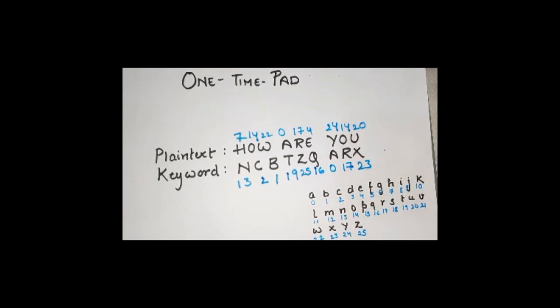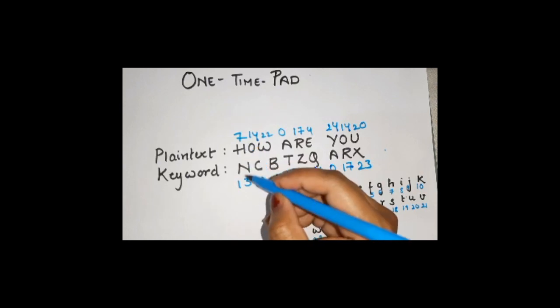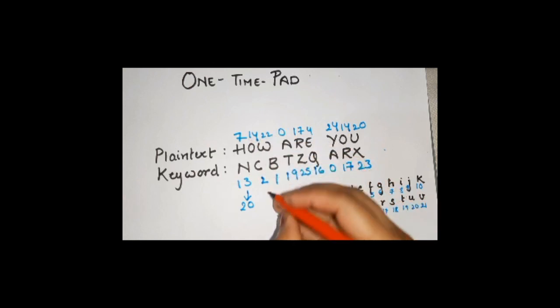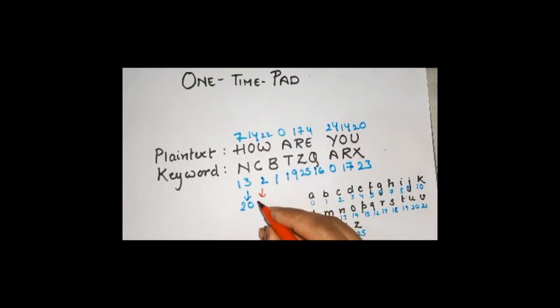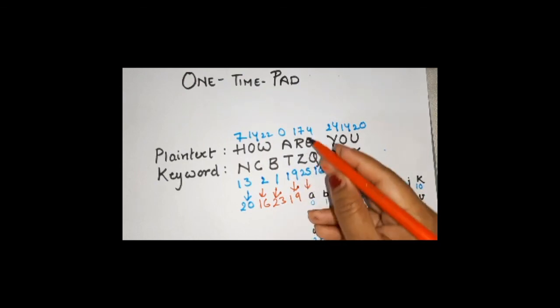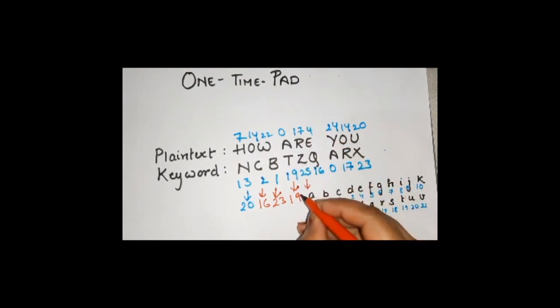What we'll be doing is we'll be then summing them up. 7 and 13 will give me 20. 14 and 2 will give me 16. 22 and 1 will give me 23. 19 and 0 will give me 19 itself. 25 and 17 will give me 42.